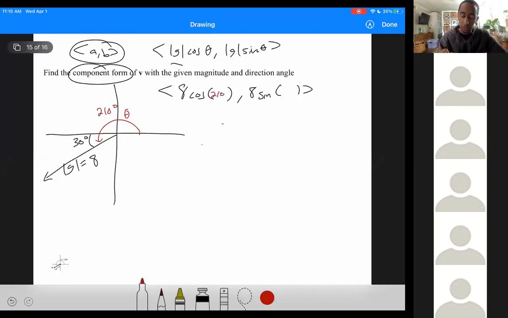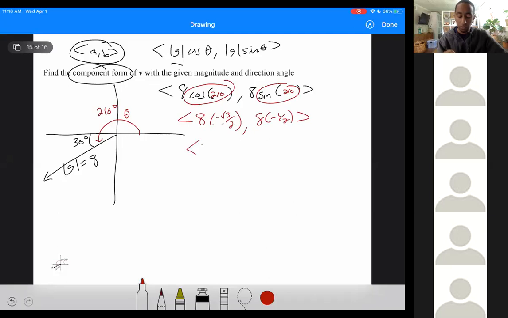So if you put 210 here and 210 here, you should end up with the answer. And we could have used the unit circle here, by the way, right? Because cosine of 210 is negative square root of 3 over 2. Sine of 210 is negative 1/2. So it's 8 times negative 1/2, if I didn't want to use a calculator.